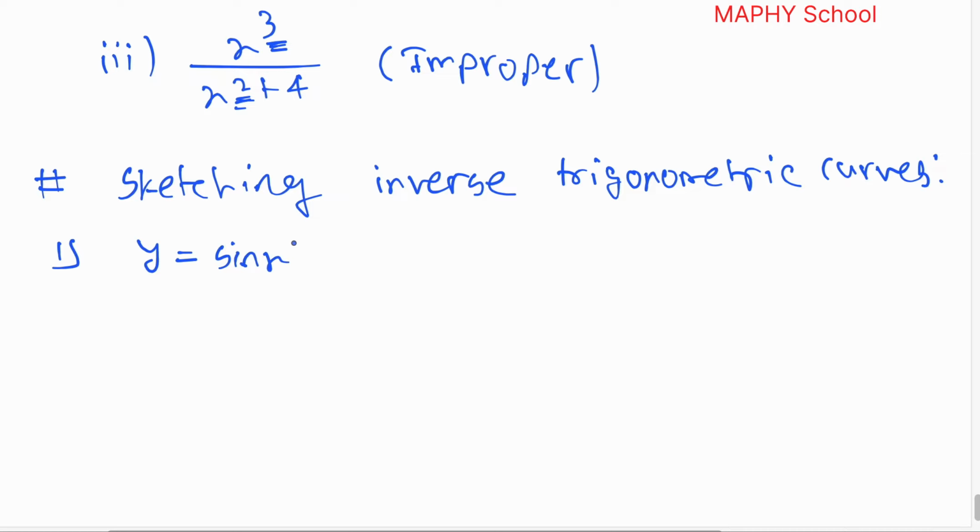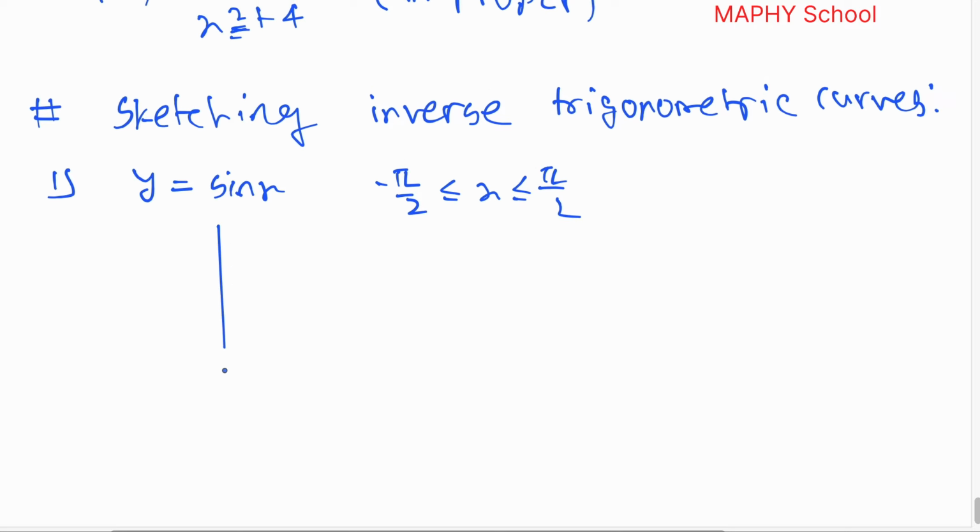One-to-one. So for y equals sin x, our range would be minus pi by 2 to pi by 2. So let's draw it. The curve would be like this. Okay, this is pi by 2, this is minus pi by 2, this is 1, and this is minus 1.